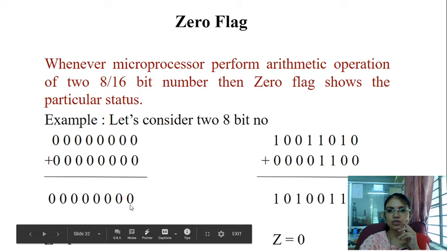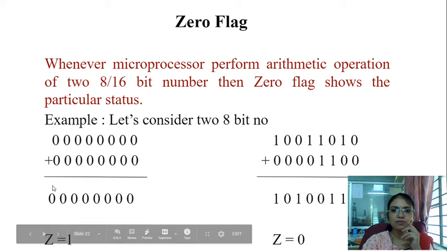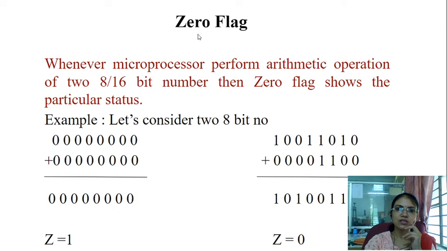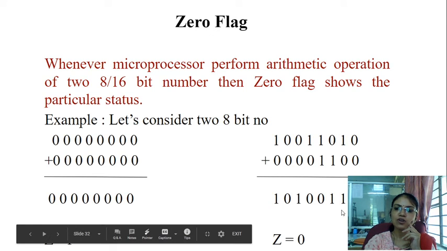All bits are 0. So if your result is 0, then the zero flag will give the status Z equal to 1. रिजल्ट अगर आपका 0 रहता है तो उस केस में Z फ्लैग का स्टेटस रहेगा 1. While if your result is non-zero, यहाँ पे 2 बिट का एडिशन किया है.